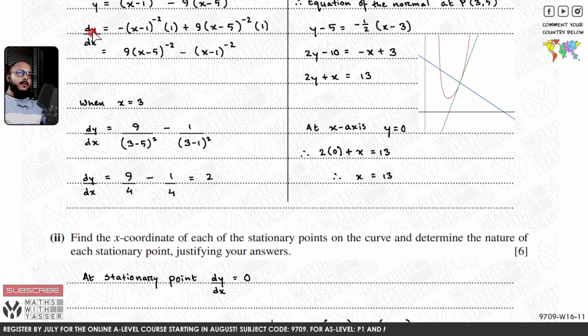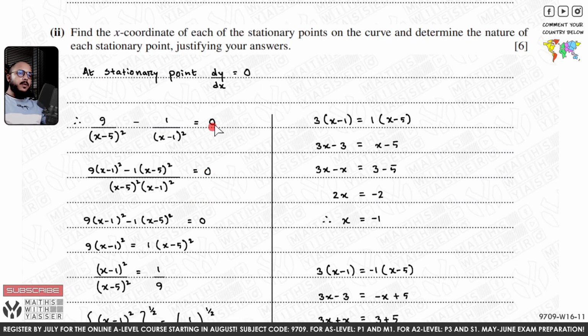This is the equation of dy by dx we found in the first part, so this must be equal to 0. After doing the LCM, we get 9 times (x minus 1) whole squared, because we don't have (x minus 1) squared in the denominator. And it will be minus 1 times (x minus 5) whole squared, because we don't have this in the denominator, equals 0.